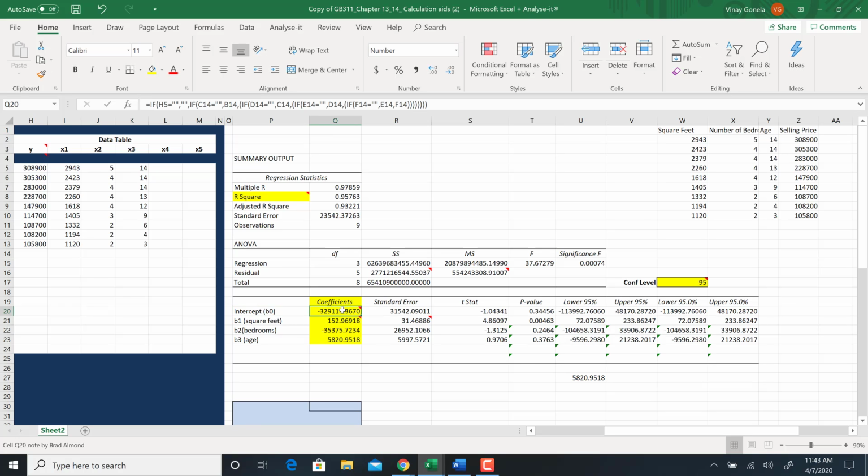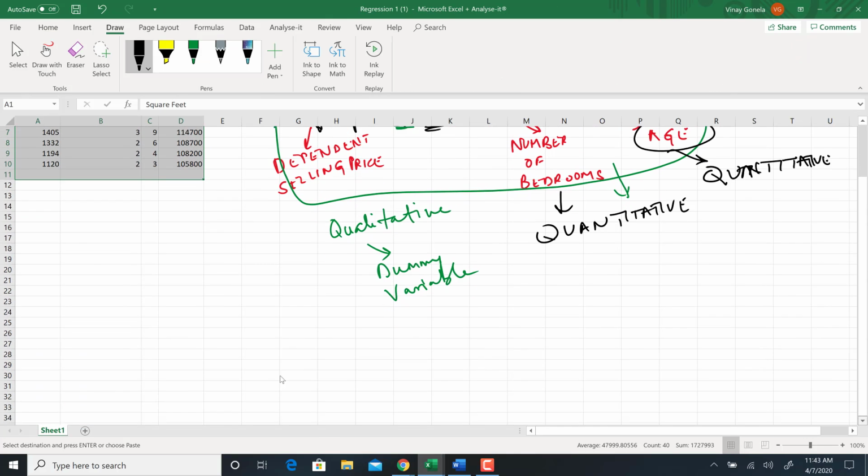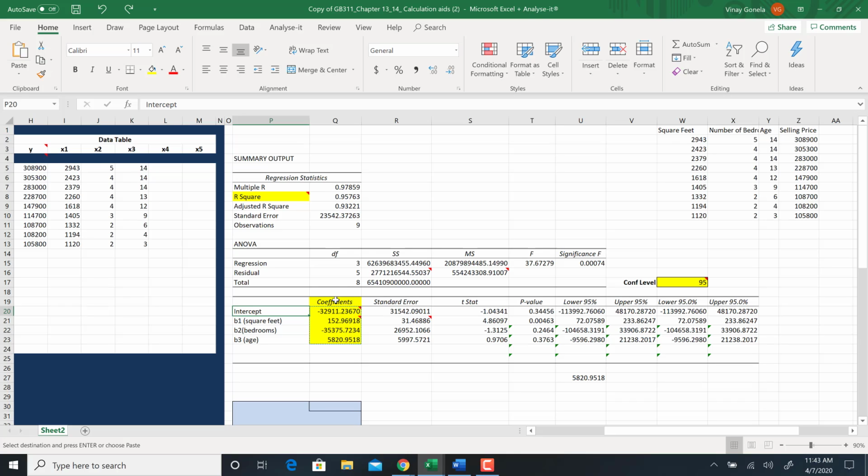So maybe let me copy these values into our Excel sheet here, and so these are our coefficients which I'm copying.